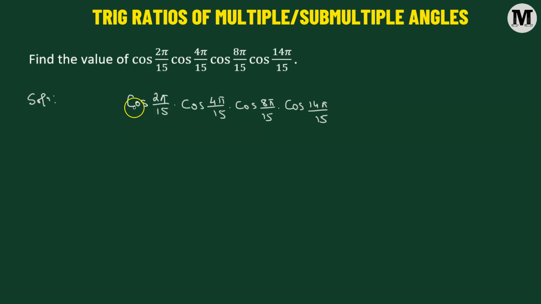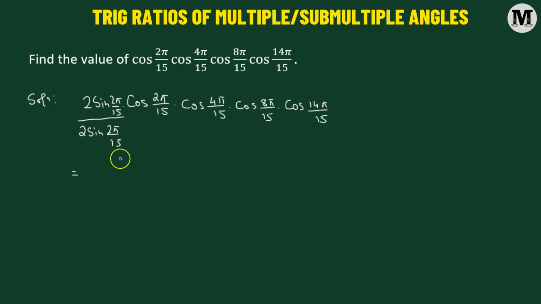Now what we'll do, we will multiply this entire expression with 2 times sine 2 pi over 15. However, this is an extra factor that we are multiplying to the original expression, so we'll have to divide it by 2 times sine of 2 pi over 15.